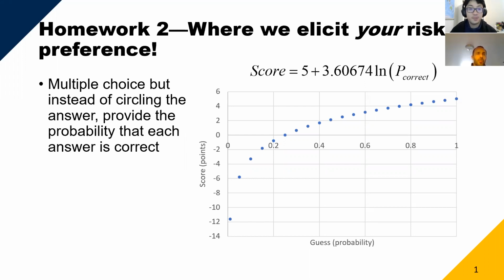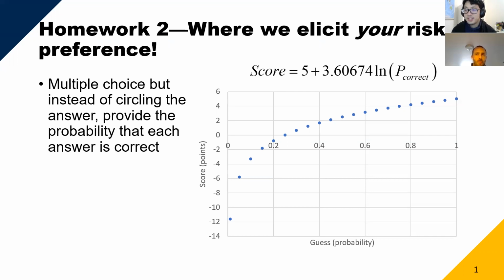This homework is going to be a little bit different than homeworks you have done before. Last class we talked about risk preferences, and we're going to have an interesting homework that will elicit your own risk preference.